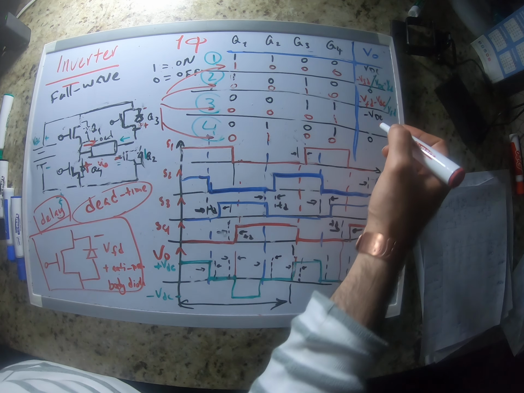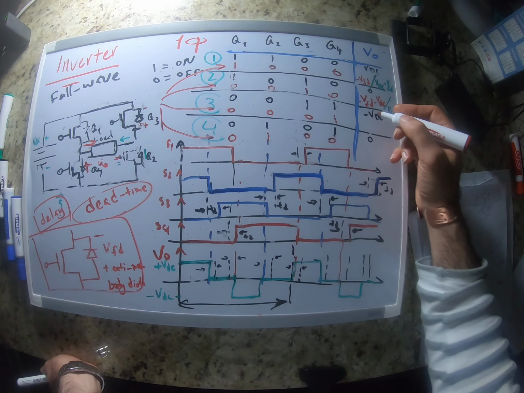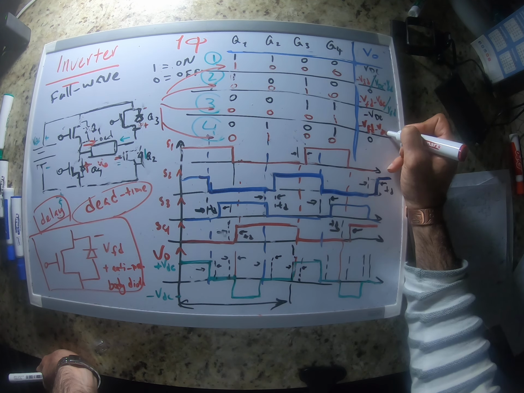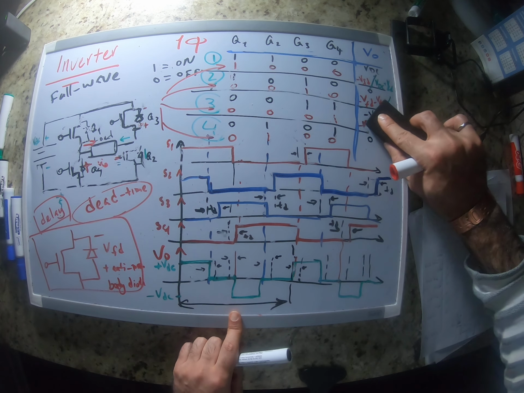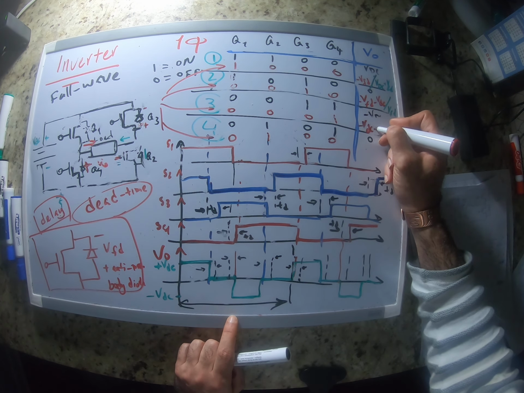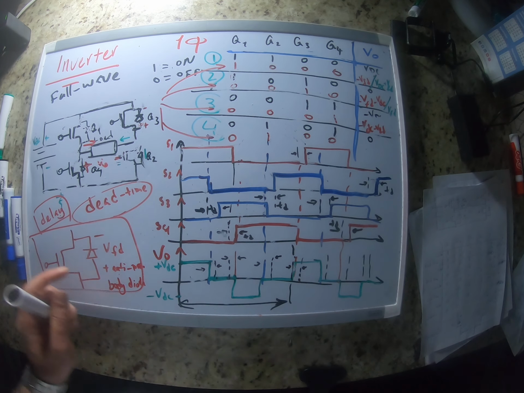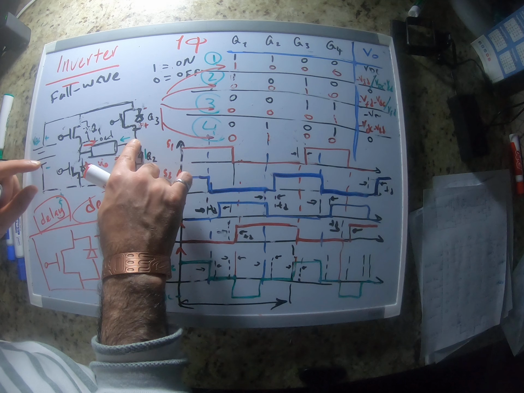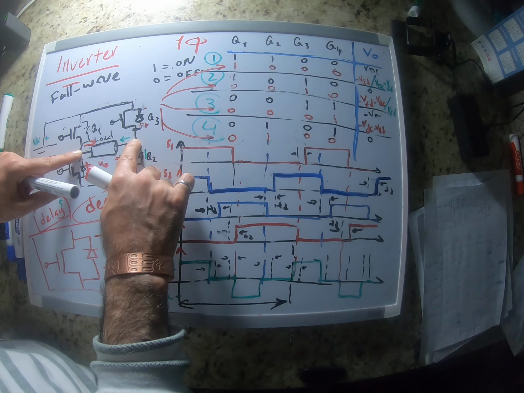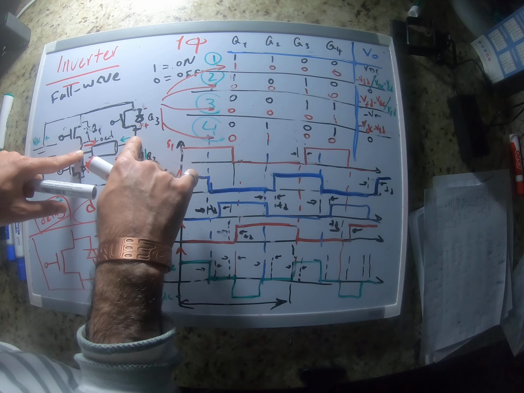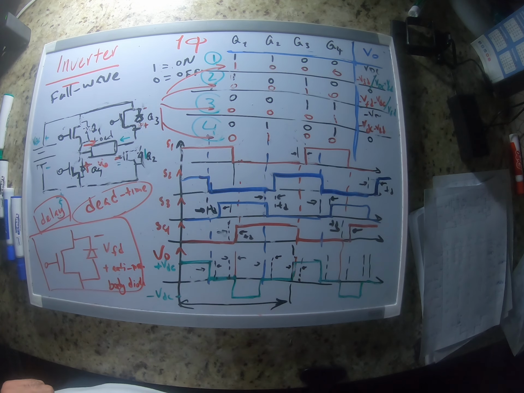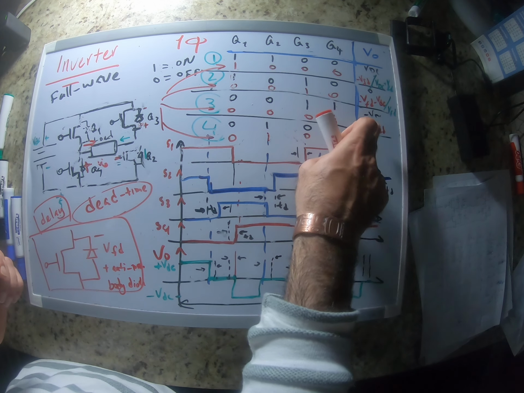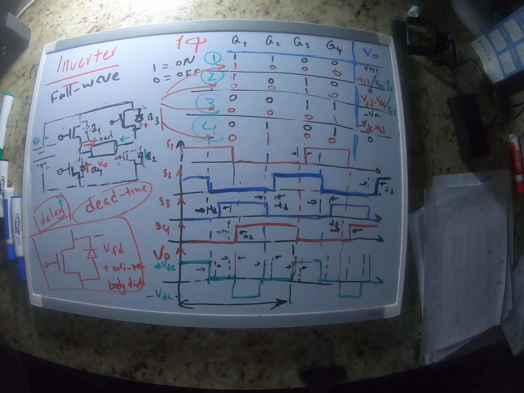So it's going to be negative VFD minus VDC, or let me write negative VDC minus VFD. It's the same, I just wanted to show you what's happening here. This is VDC, this is VDC plus VFD. Now this is 0 minus VFD minus VDC, so 0 minus VFD minus VDC, which is negative VDC minus VFD.